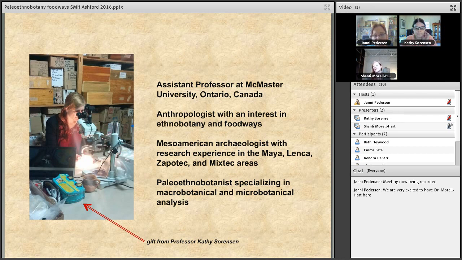I'm also a Mesoamerican archaeologist like Professor Sorensen. I've worked in many parts of Mesoamerica, including the Maya, Lenca, Zapotec, and Mixtec areas. And I'm a paleoethnobotanist, specializing in macrobotanical and microbotanical analysis. You see an image of me here operating a microscope, with a key piece of equipment in front, generously donated by Kathy Sorensen.